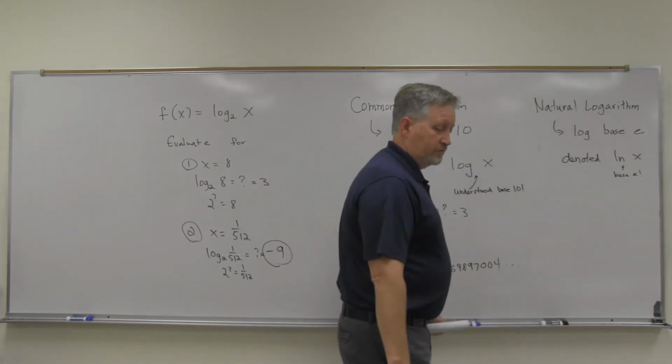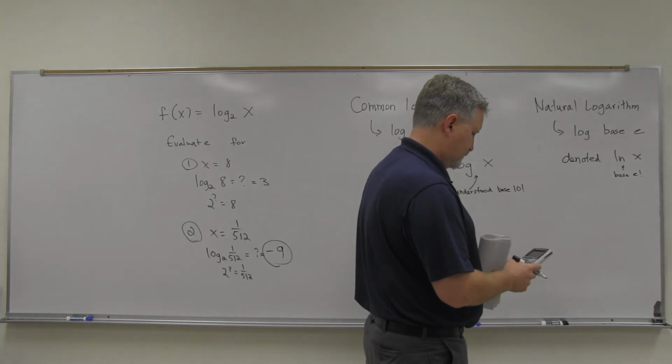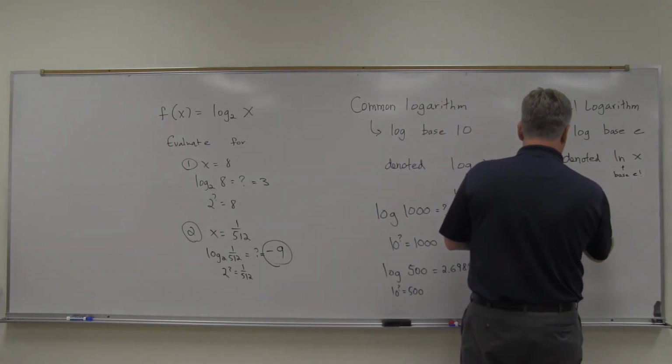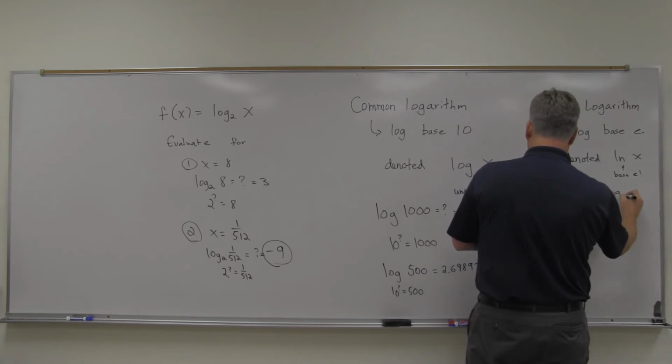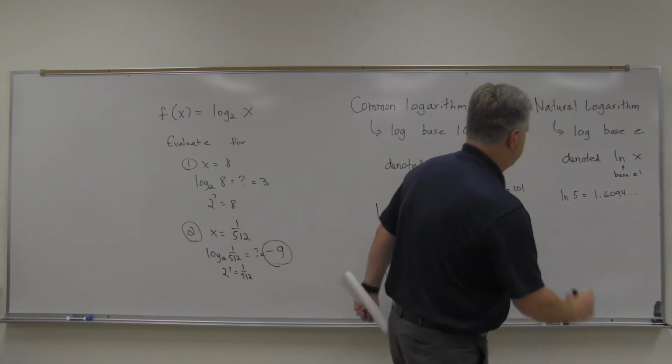I think they'll have you do one like this. Say we've got ln of 5 equals 1.6094, and so on. What's that in exponential form?